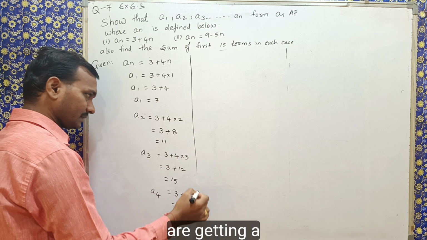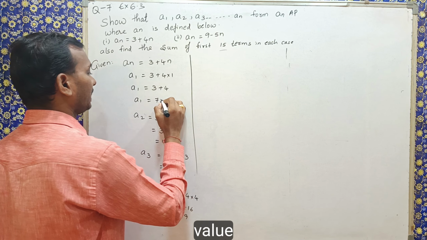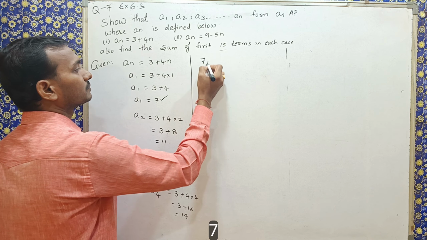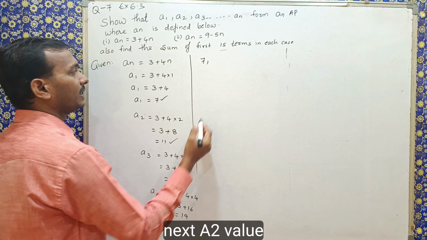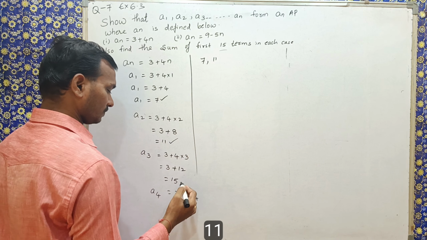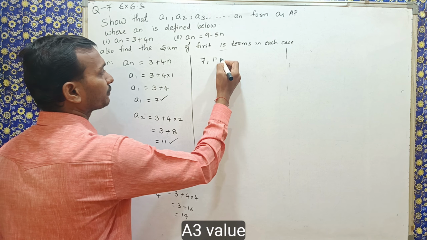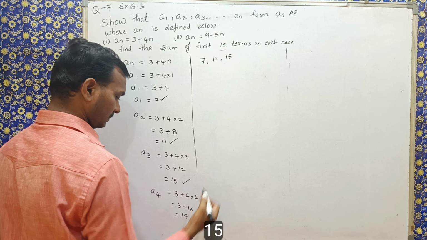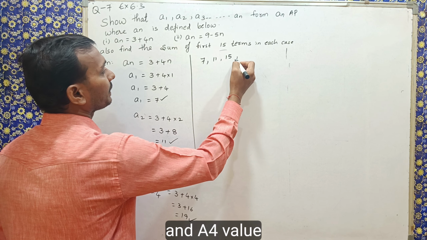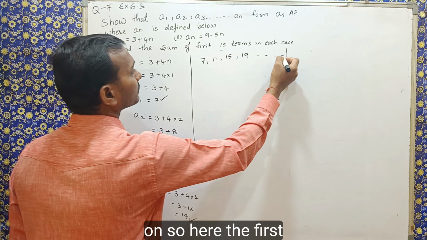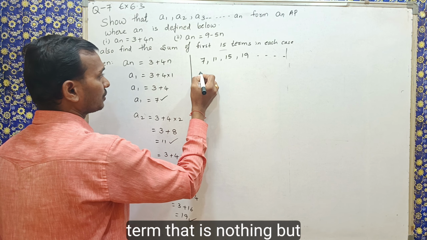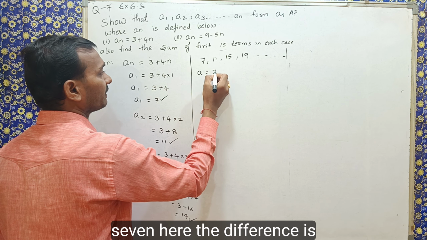So we are getting a1 value 7. Next a2 value 11, a3 value 15 and a4 value 19 and so on. So here the first term is 7.